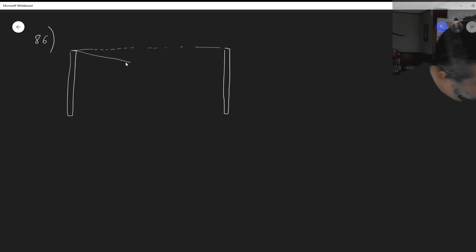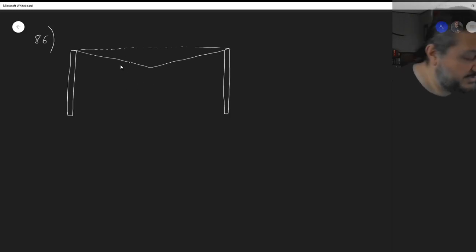Midway, yeah. It's a little bit of an exaggeration, but that's pretty much where the bird sits. That's as good as it gets.